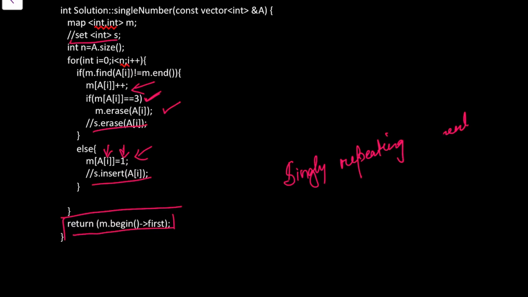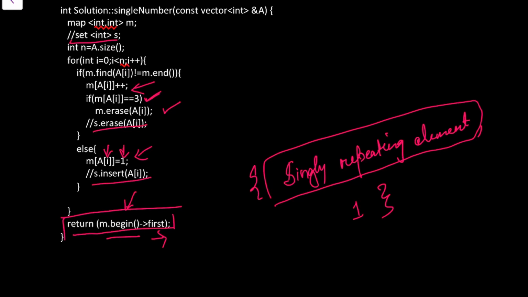That will be present as the first value in the pair, and the other one will be the frequency, which is 1, because it is only visited once. So when I do m.begin(), that gives me the iterator to the first element in the map, and this operator points to the first element. So that gives me the result as output.